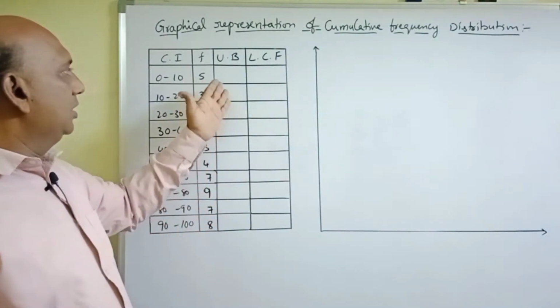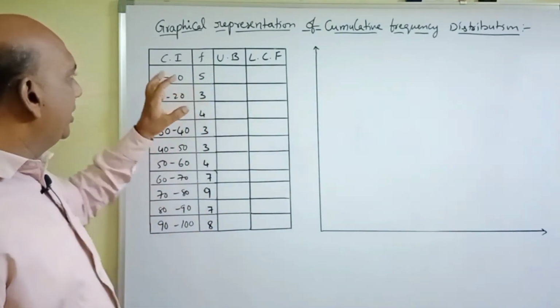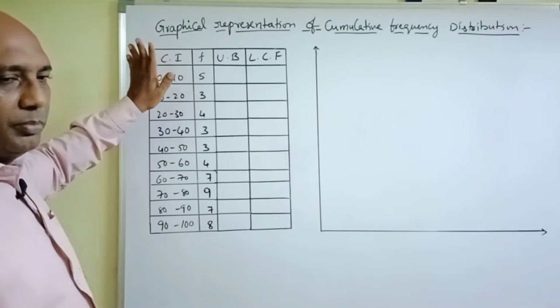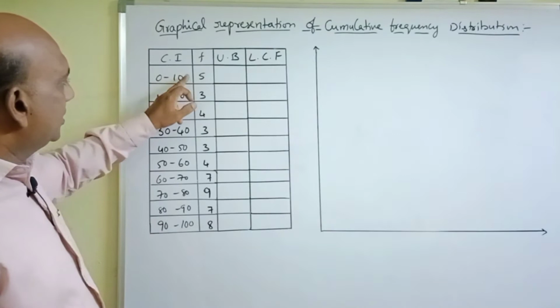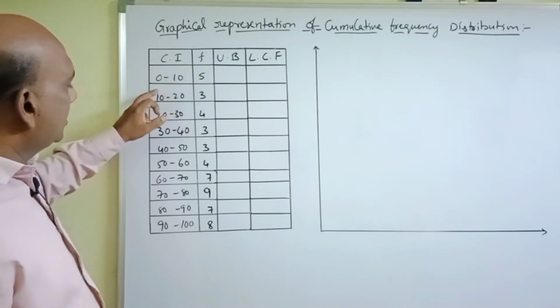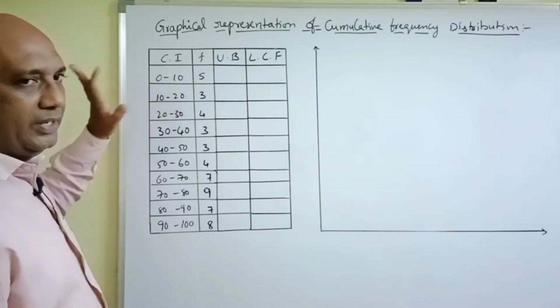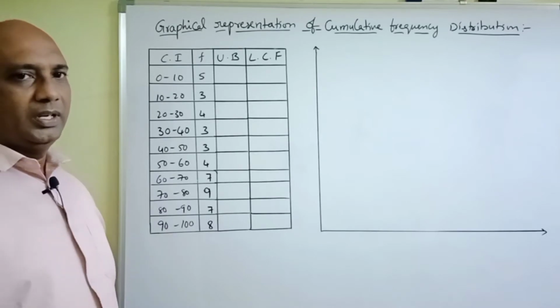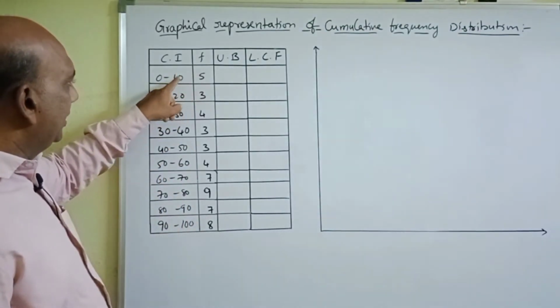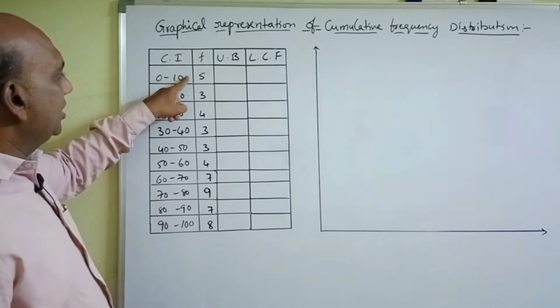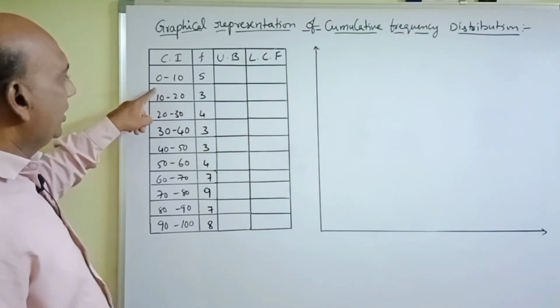To get the upper boundaries, make sure that classes must be continuous. Continuous means the upper boundary and the lower boundary of the next class should be the same in every succeeding class. In this class the upper boundary is 10 and in the next class the lower boundary is 10.